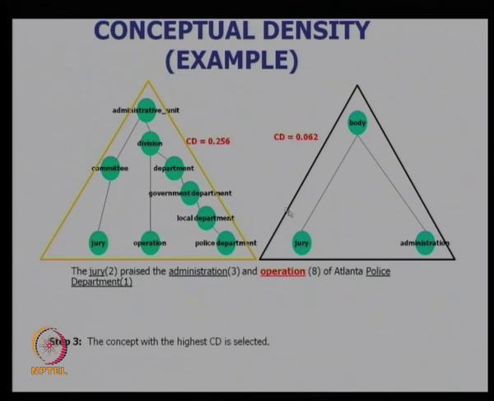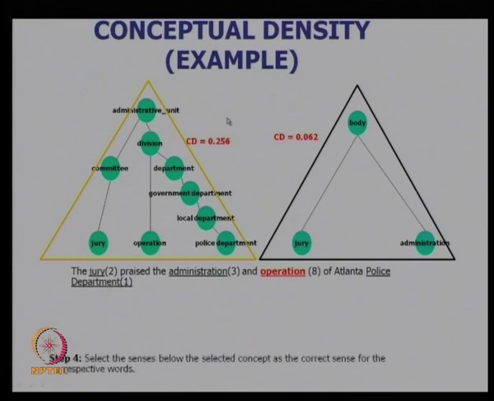This is the main idea of the conceptual density based algorithm for sense disambiguation. Here the conceptual density is 0.256 and here the conceptual density is 0.062 as per the formula discussed before. Select the senses below the selected concept as the correct sense for the respective word.